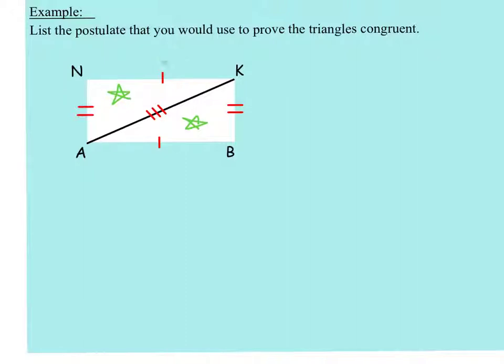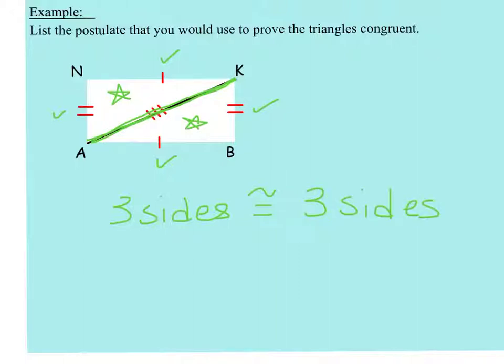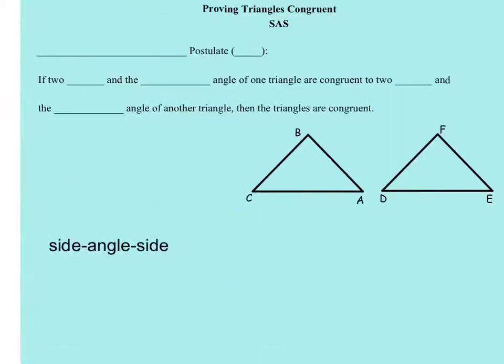Well, I can see that one side's congruent to one side, a second side's congruent to a second side, and this side in the middle happens to be in both triangles. It should be congruent to itself. Therefore, I have three sides of one triangle congruent to three sides of another triangle. That means I could use the side-side-side postulate to declare those two triangles congruent.